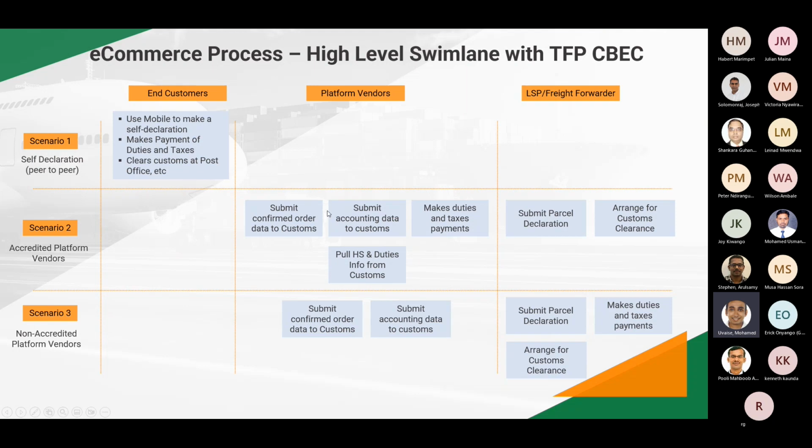And thereafter, this would then be submitted on to the CBEC application, and then the OGAs could look at this information to perform the risk assessment and so on and so forth. And of course, this could also involve the customs as well.